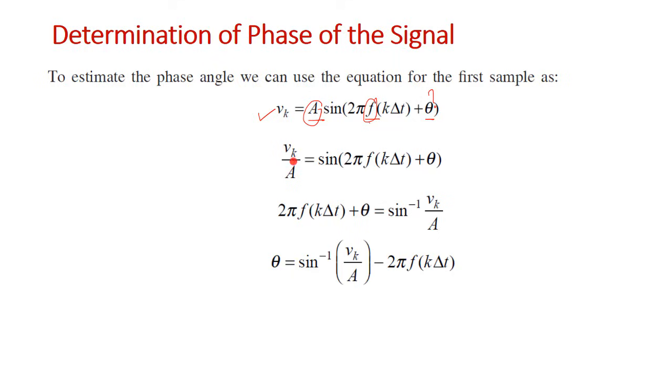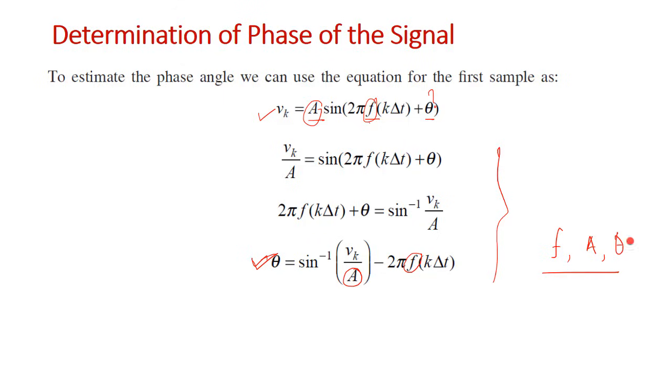Theta will be sine inverse of Vk by A minus 2 pi f k delta t. We already know A, the amplitude, and we already estimated the frequency, so very easily we can find theta, the phase angle of the signal. So now our phasor information is complete. We found frequency, then amplitude, then theta.